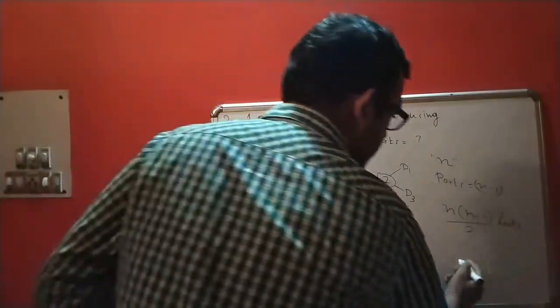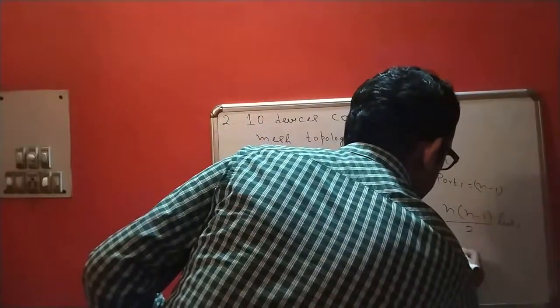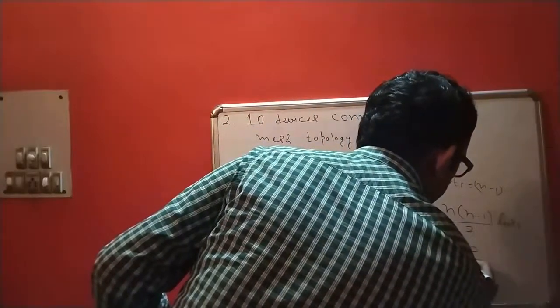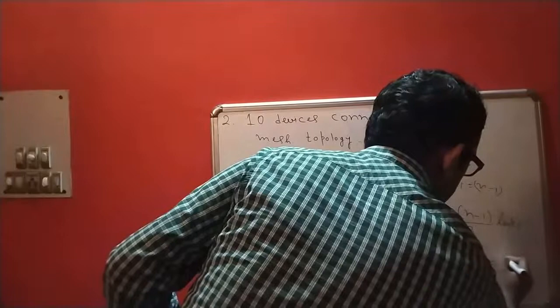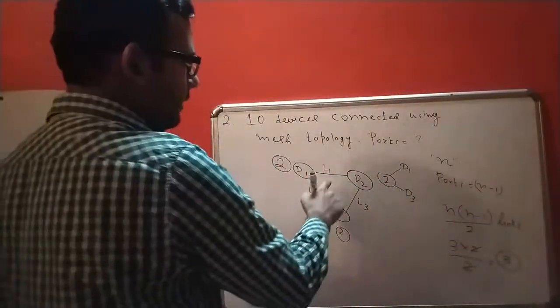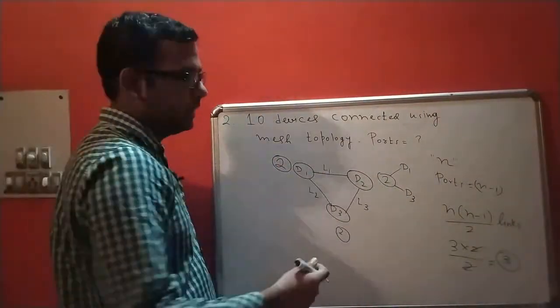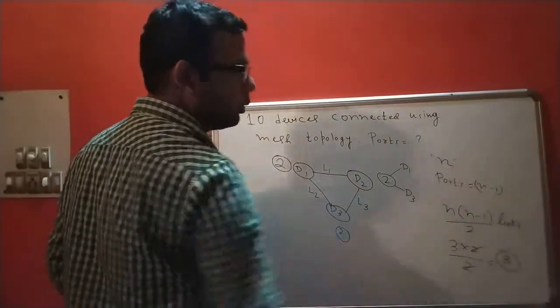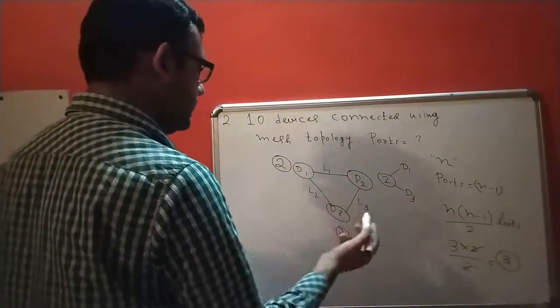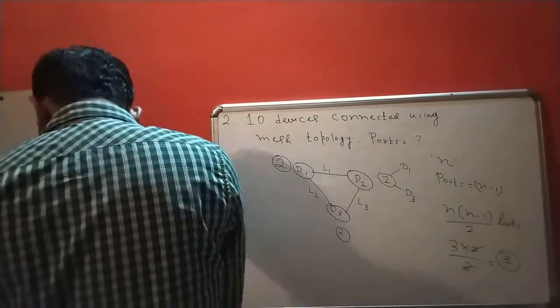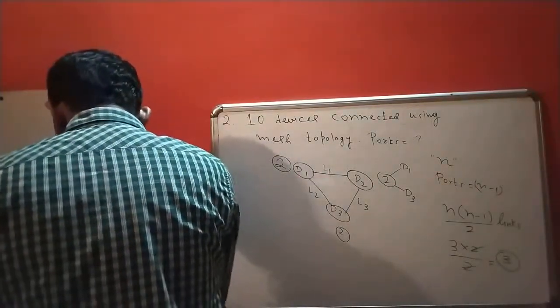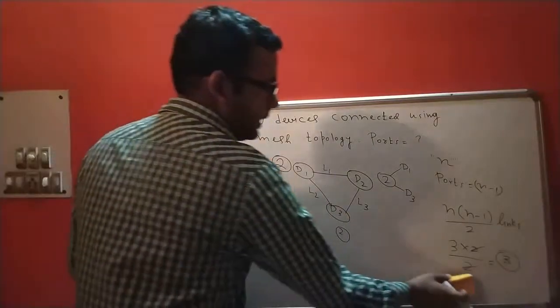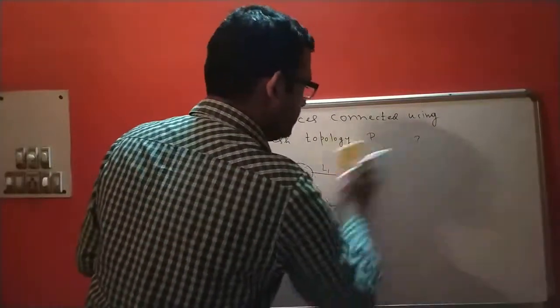If you substitute 3 in this formula, you get 3 into 2 divided by 2, which comes out to be 3 links. How many links do we have here? L1, L2, L3. 3 links. So this is how you find the number of links and the number of ports in a topology of devices connected using mesh. So this was question number 2. Let's take up another question.